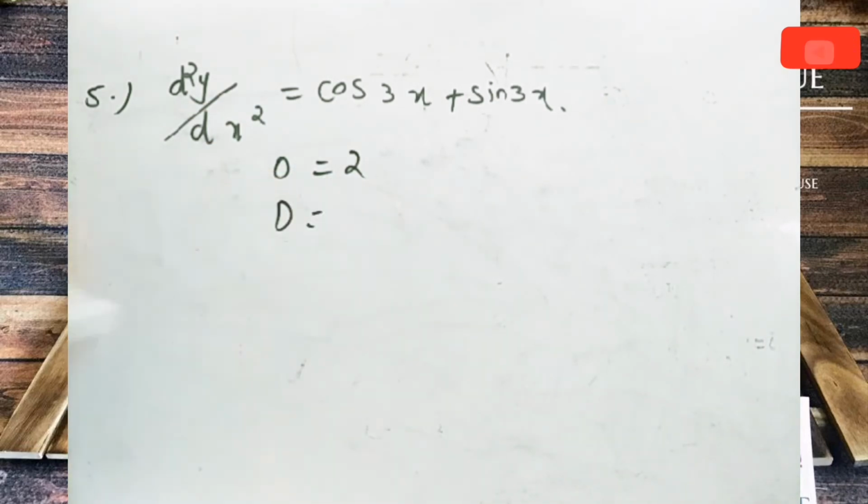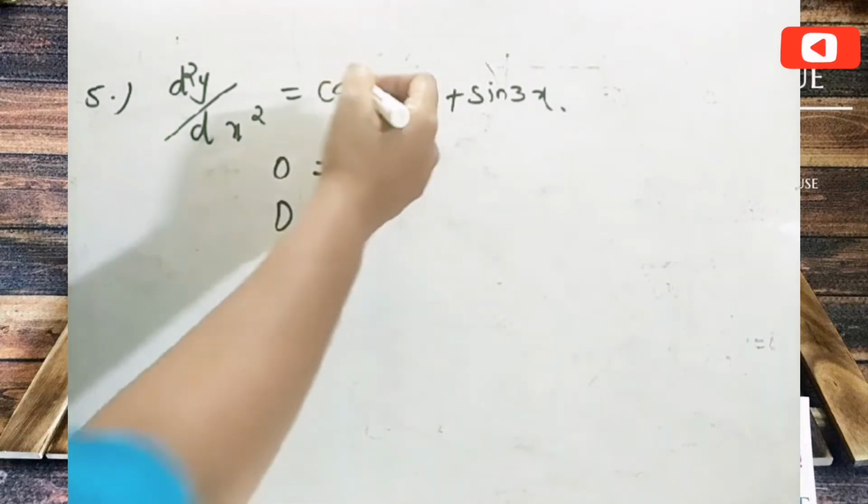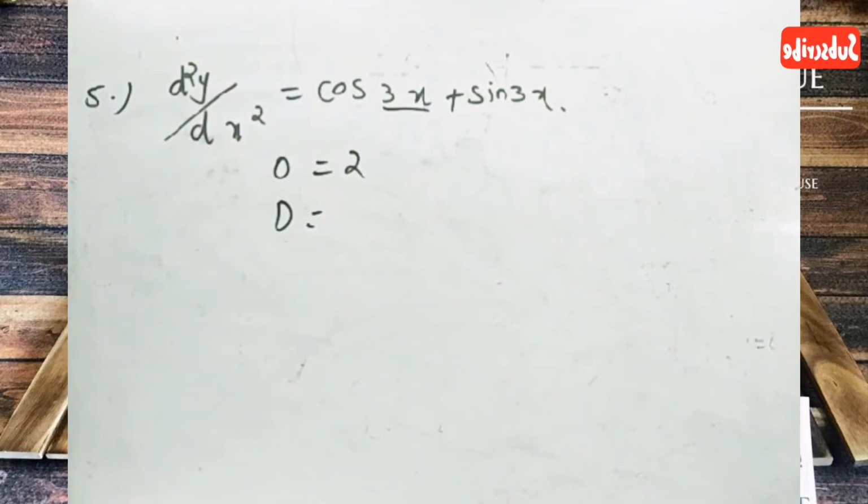The degree is defined in this case because this is cos of 3x, a trigonometric function defined in terms of the variable, not in terms of the derivative. So order is 2, and the degree means the highest power of the highest order derivative. The highest order derivative is d²y/dx² and its power is 1.